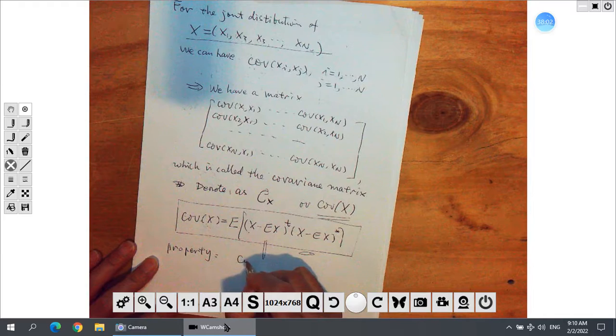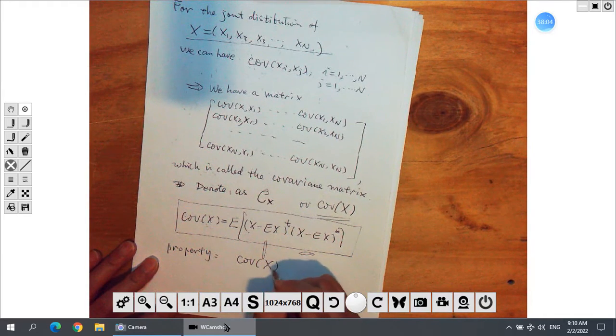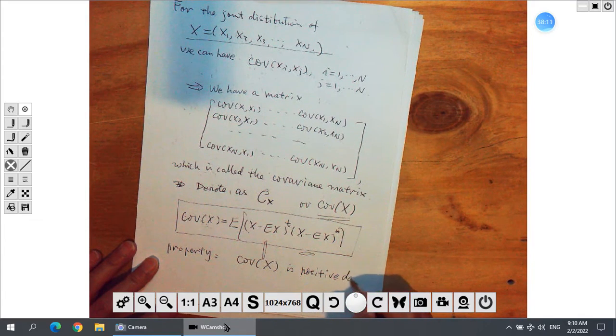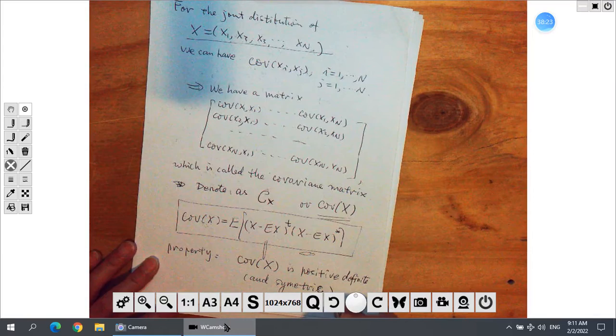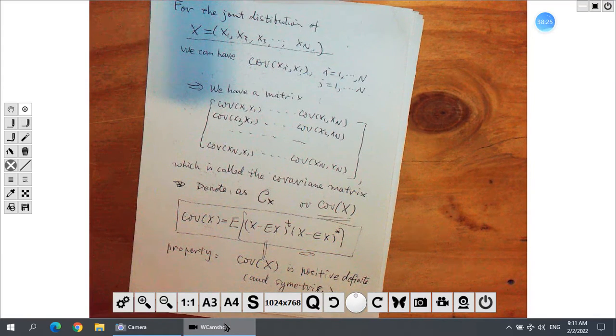The property is like this: the covariance matrix of X is symmetric and positive definite. Remember what that is?